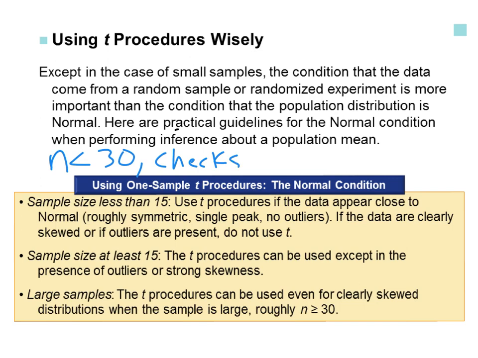You would just make a box plot on your calculator, and you would check for skews or outliers. You don't need to do that if n is 30. Then the normal condition is automatically met.